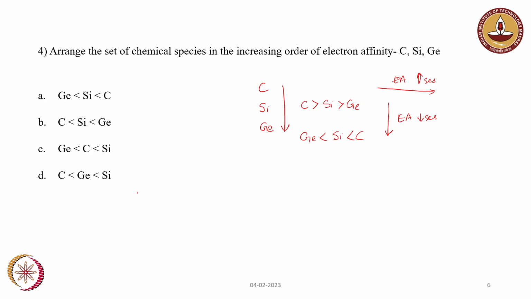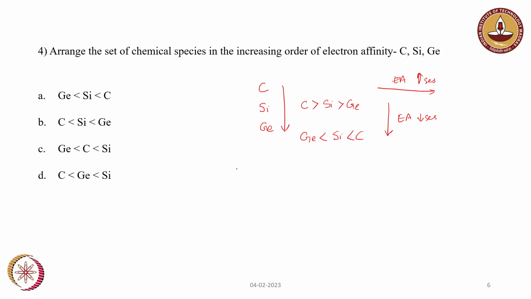And next one is arrange the set of chemical species in the increasing order of electron affinity. We are given carbon, silicon, and germanium, and they are in the same group. When we move down the group, the size of the elements increases and electron affinity decreases.